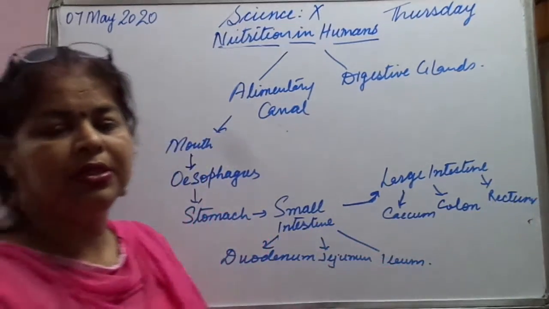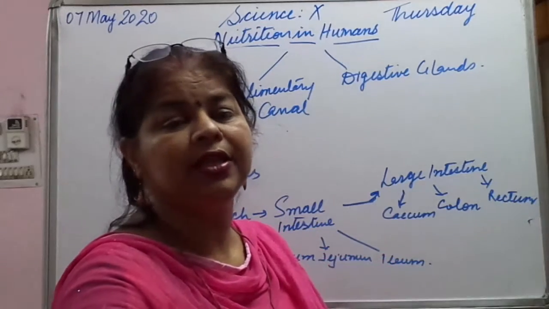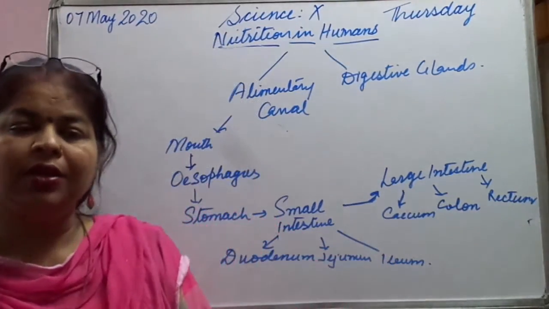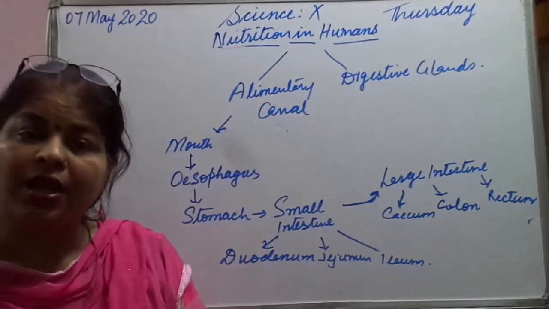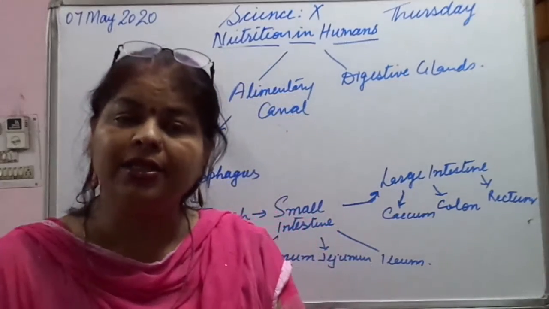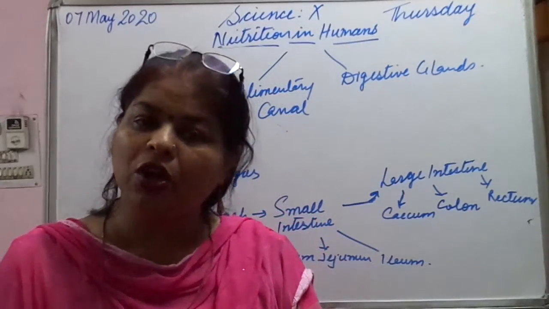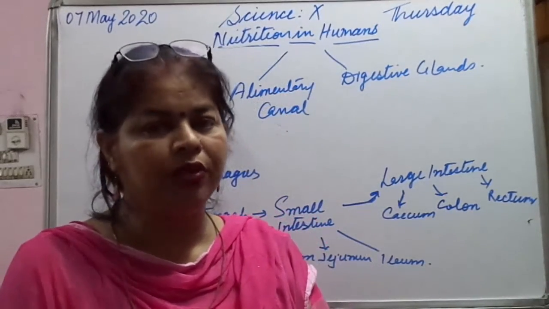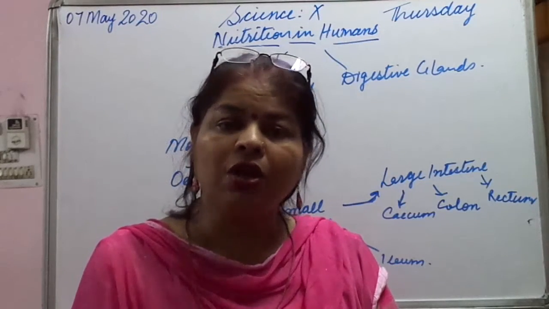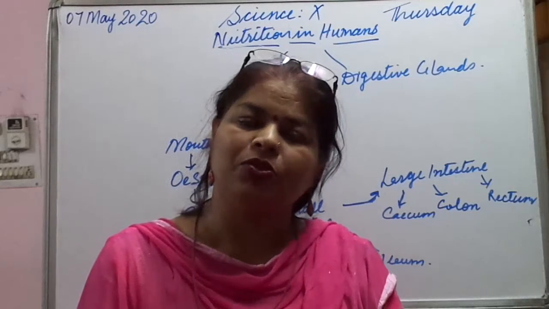Now what happens? The mouth is a buccal cavity which is bordered by lips. And the mouth contains what? Upper jaw and lower jaw. And you know very well, in your earlier classes you have read about it, this jaw consists of various types of teeth.